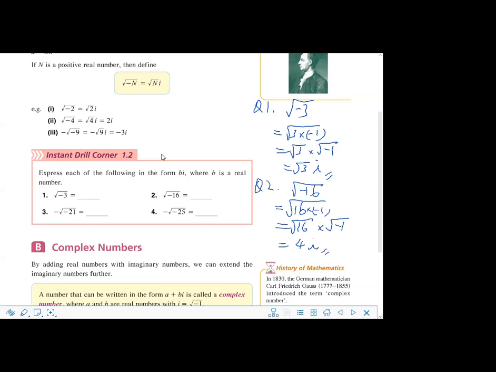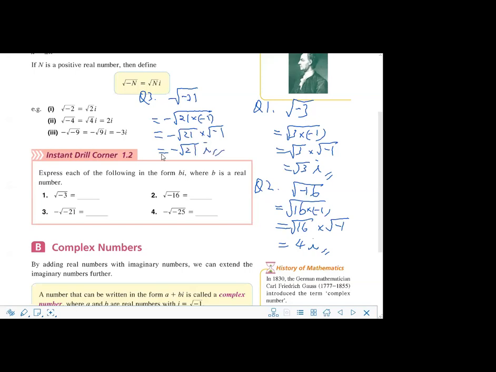Number 3, negative of square root of -21. The outside negative is unchanged. Inside, -21 is changed to 21 times -1, and then split. The square root of 21 cannot be simplified, so you just keep it, and the square root of -1 becomes i.